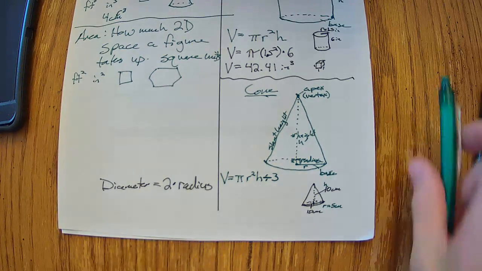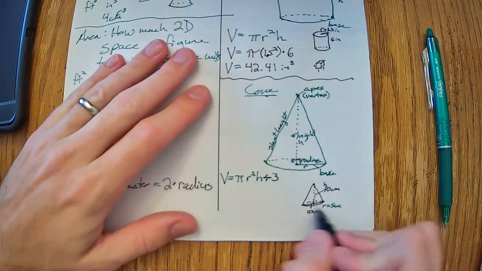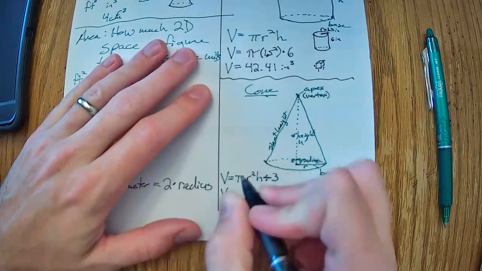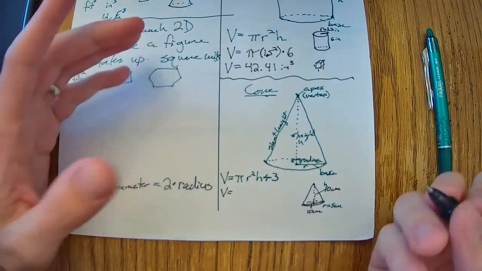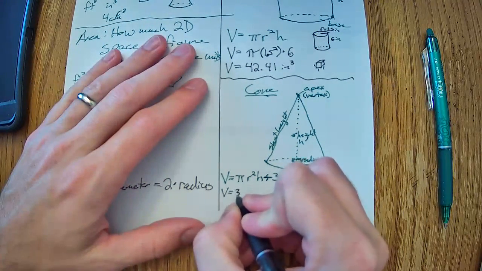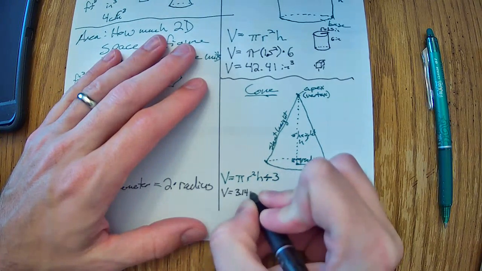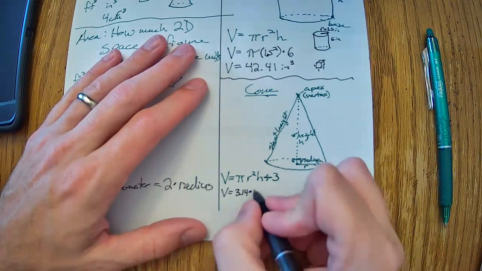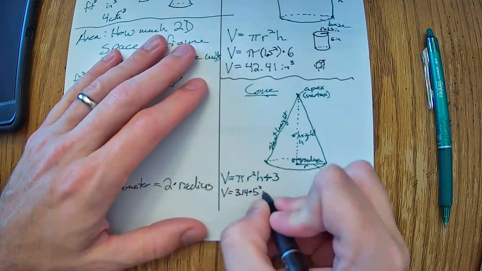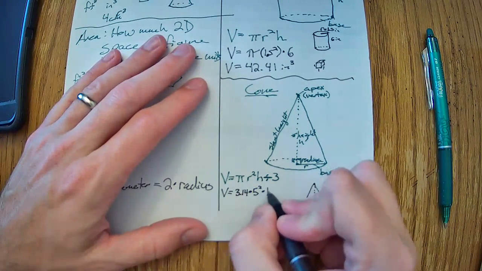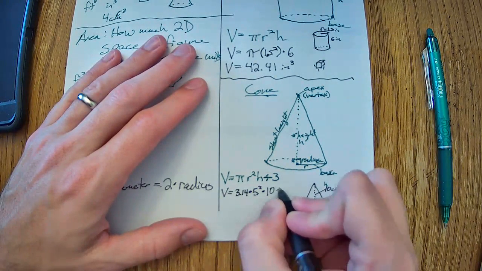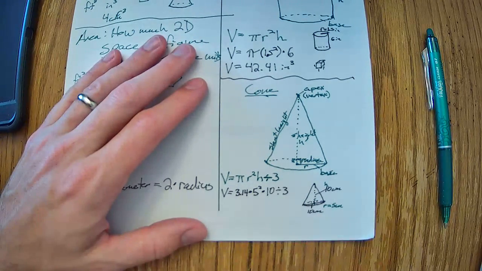So let's plug it in. Our volume for this particular cone is equivalent to, and let's use 3.14 this time, just to show how that will work as well, 3.14 for pi multiplied by our radius, in this case 5 squared, multiplied by 10, that's our height. And when we're done with all of that, we're going to divide by 3.